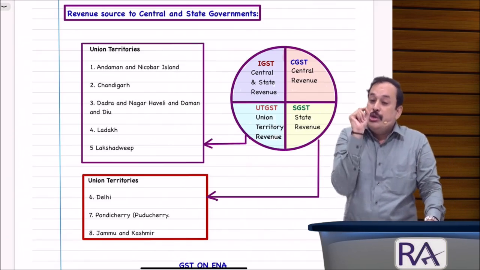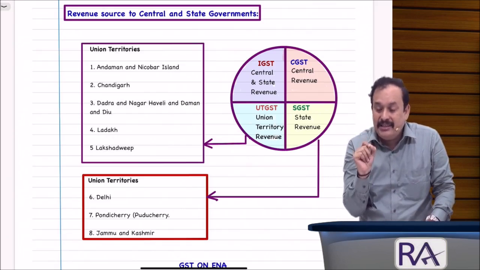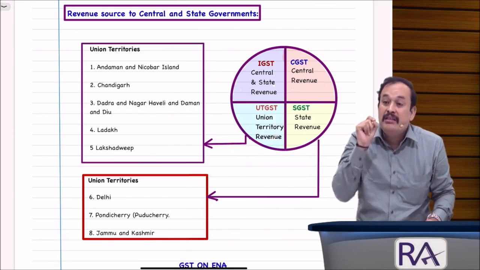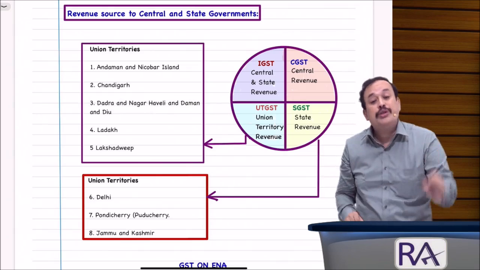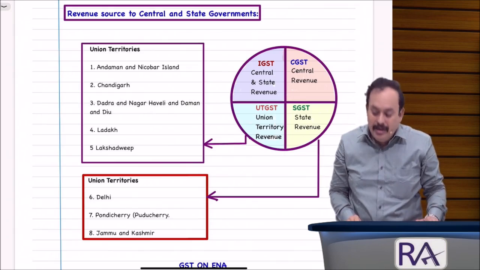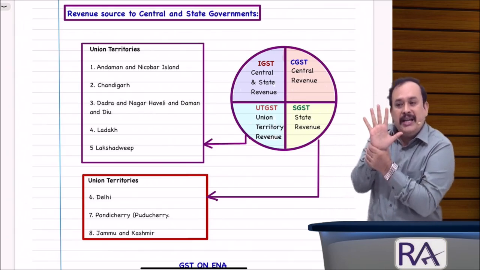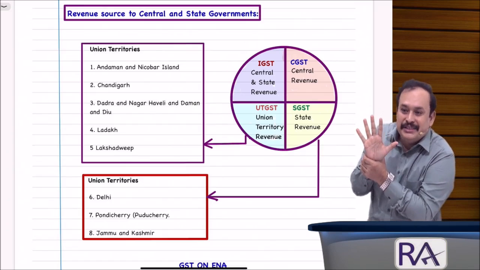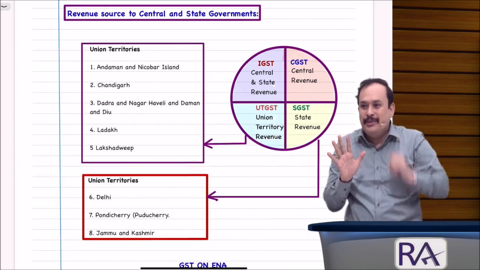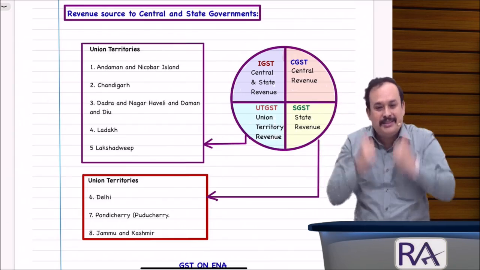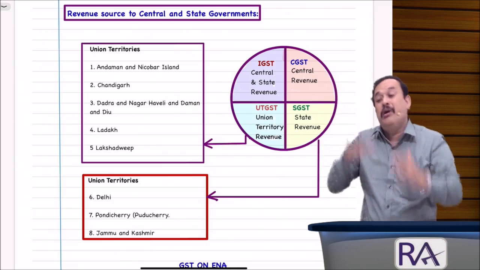Sir, the UTGST Act is enacted by the Government of India because for the UT there is no state assembly. There are certain union territories which have no state legislature. We have the Tamil Nadu State Assembly, Andhra Pradesh State Assembly, Kerala State Assembly, Karnataka State Assembly, Maharashtra State Assembly.